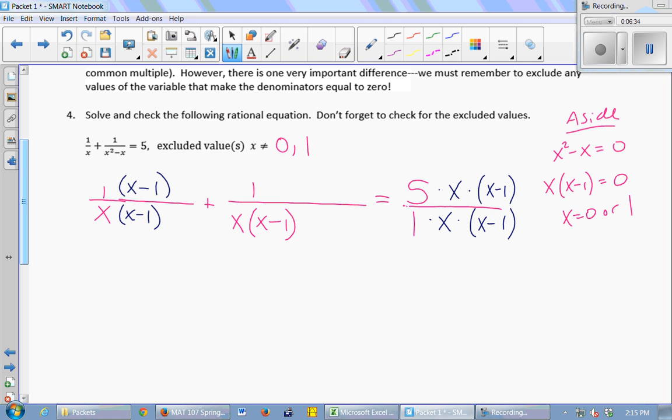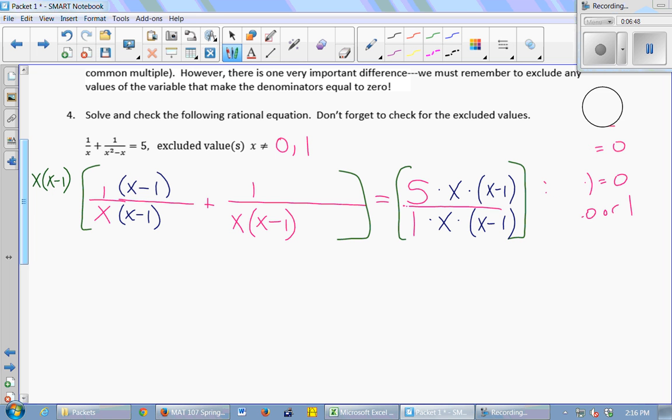Then I'm going to multiply both sides of the equation, every term on both sides, by the common denominator, x times x minus 1. And then all my denominators will cancel.